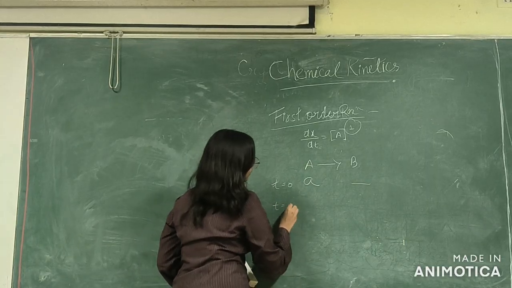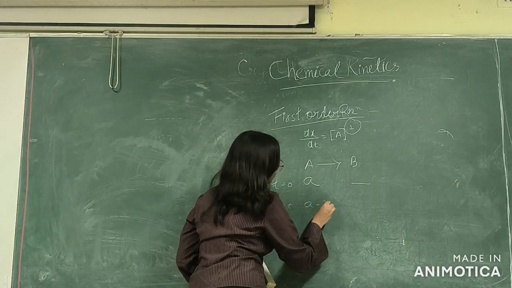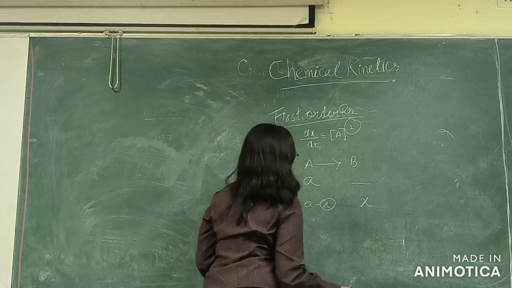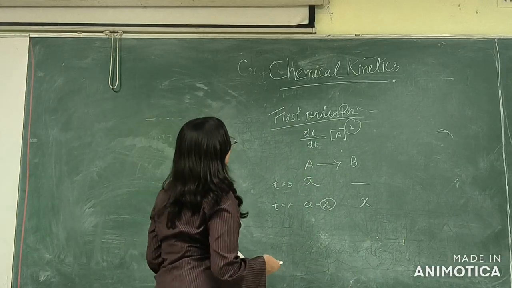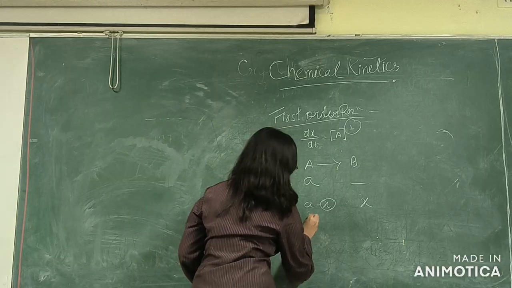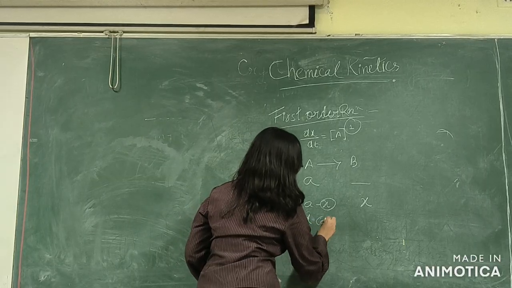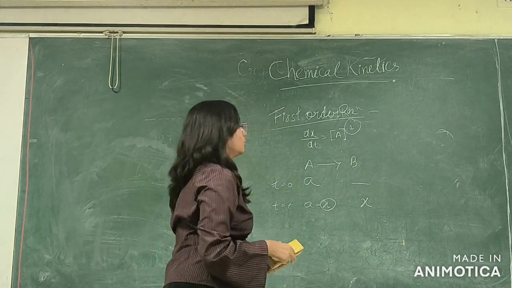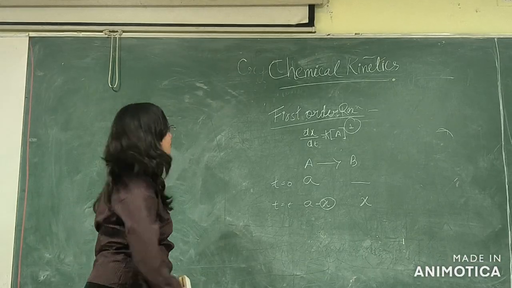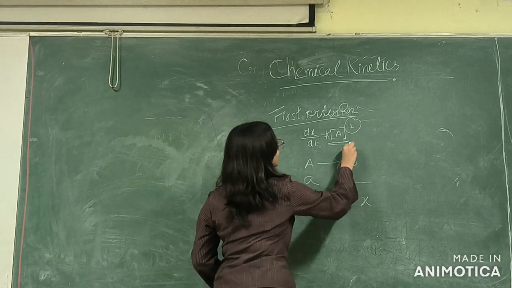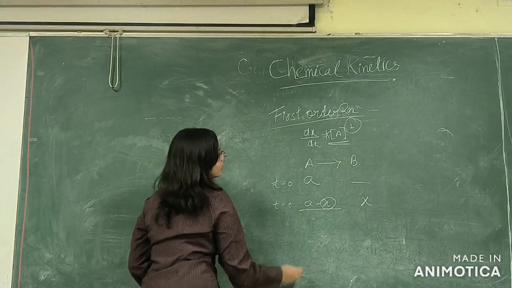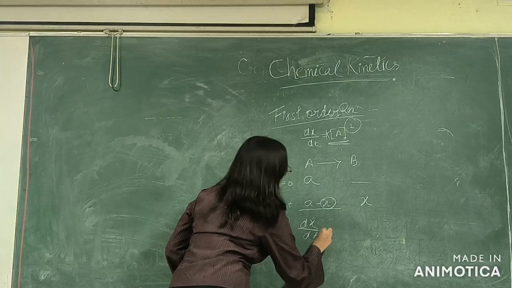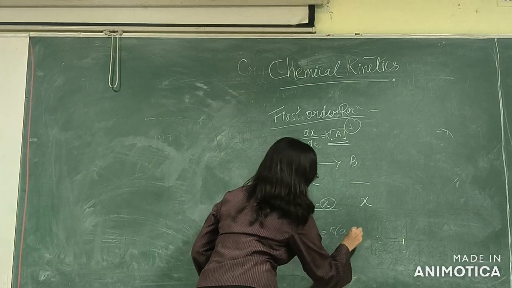At t is equal to t, let us consider that some amount x is consumed, so x amount of product is formed. So in the rate equation we can write dx by dt equal to k times (A minus x).